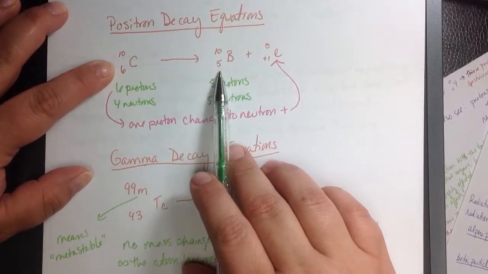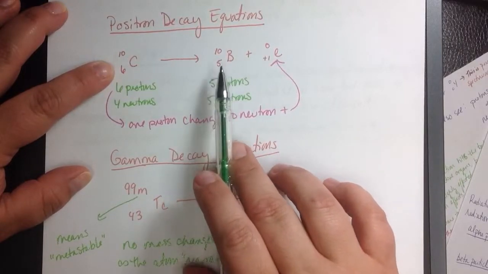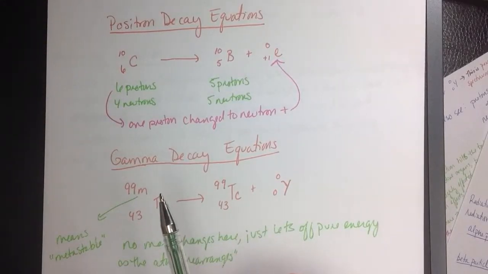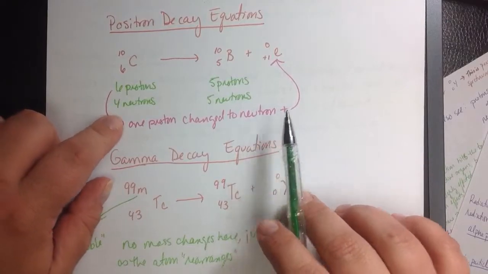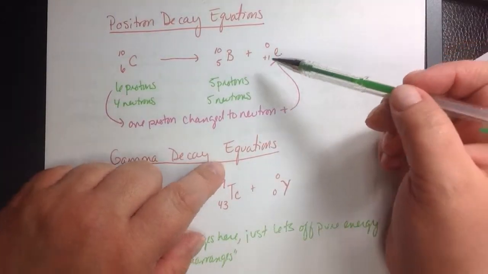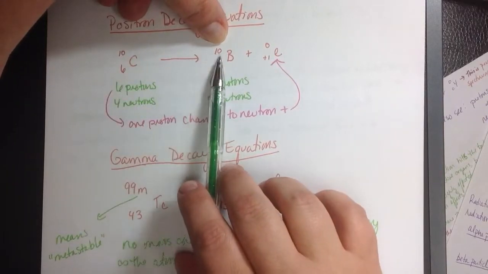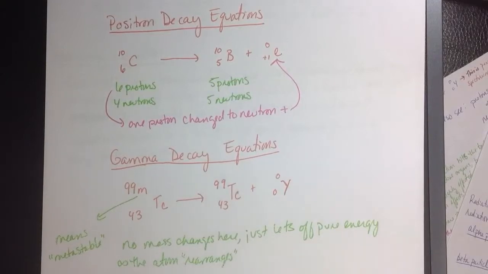But I now have a 5 as my atomic number, which changes your identity to B, boron. The reason is that one proton changes into a neutron and a positron. So that means I took this proton and it's going to be up here, and then your number of protons will change.